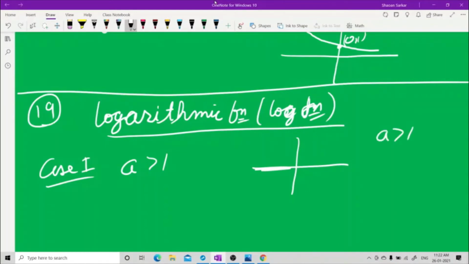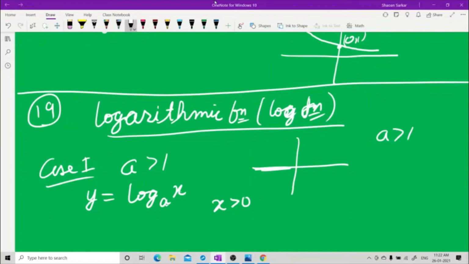The function is f(x) = log base a of x, where a is any number, and x has to be greater than 0, right?